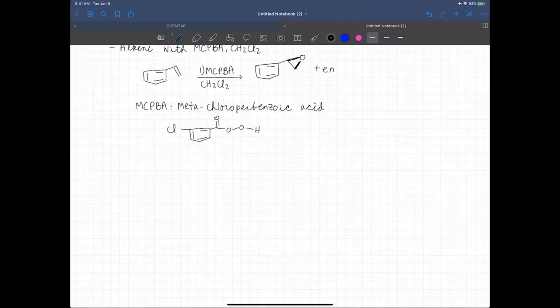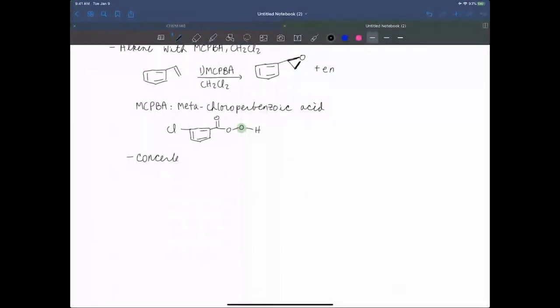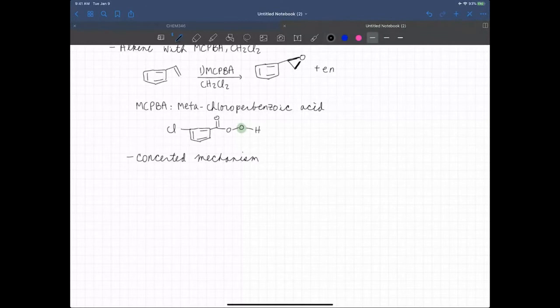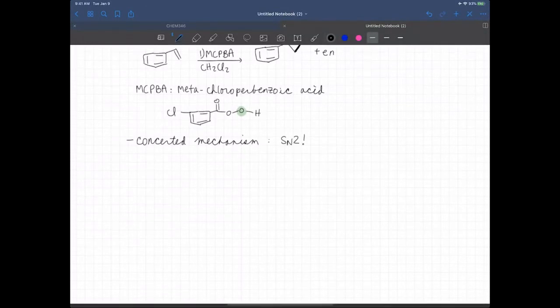Okay, and this is the hydrogen that's really important here, because this is the hydrogen that they're going to give up onto the alkene. Okay, so let's look at it. It proceeds via a concerted mechanism in an SN2 process.